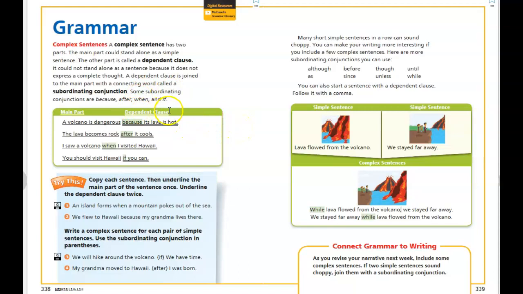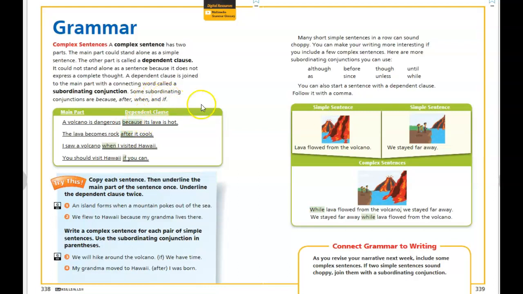So here are the dependent clauses right here. Let's look at the first example. Because its lava is hot. So we can tell, right? That's not a complete sentence. It's a fragment. So we can join that dependent clause to the main part of the sentence using this word right here that's highlighted in green on the screen, and that is our subordinating conjunction.